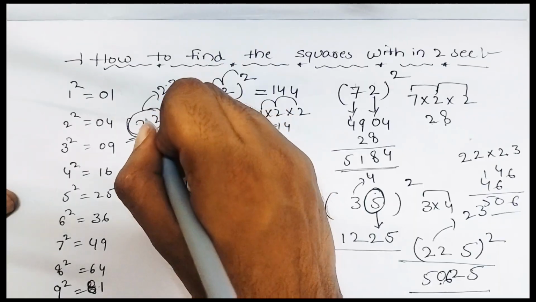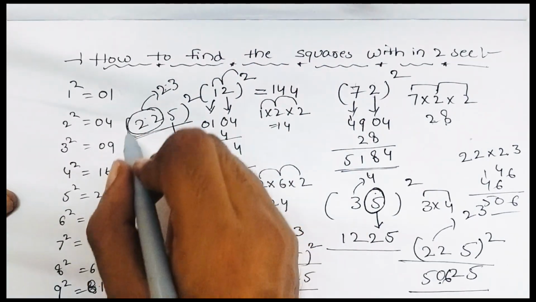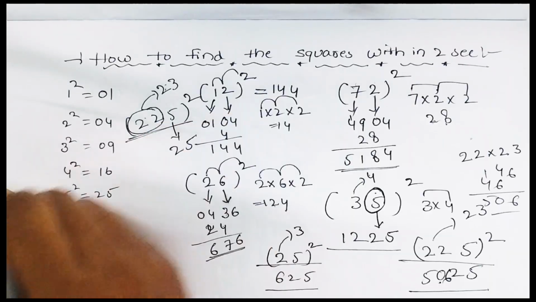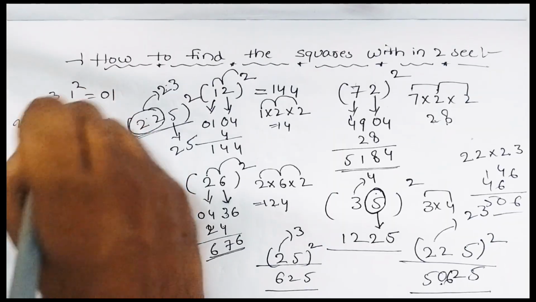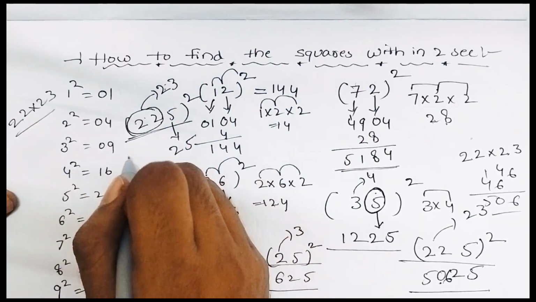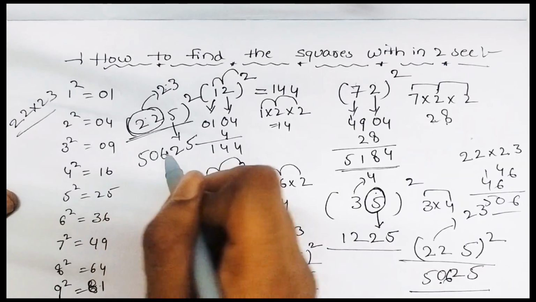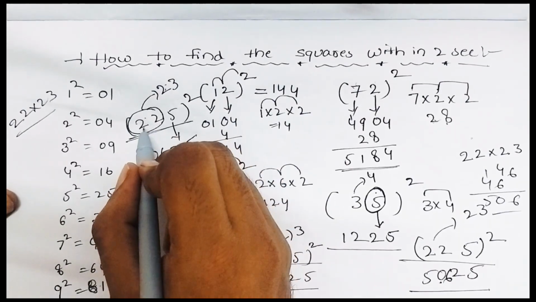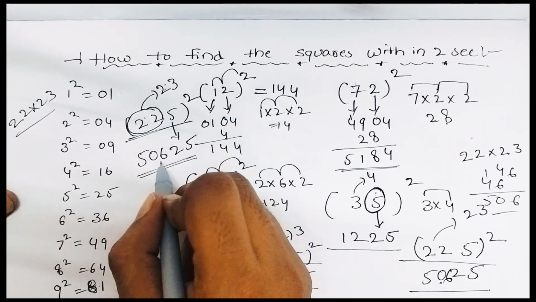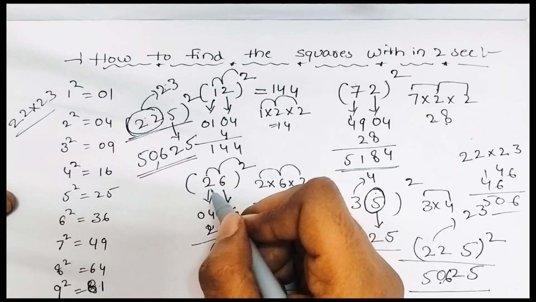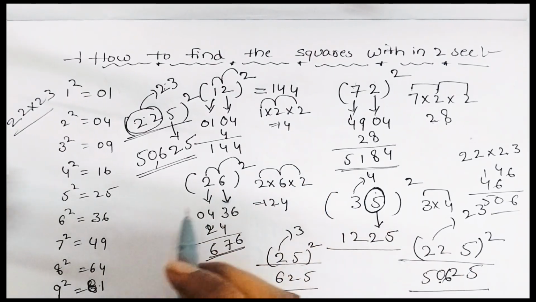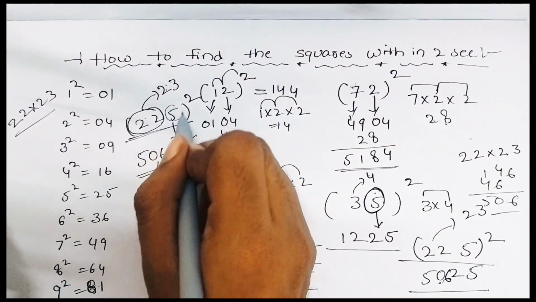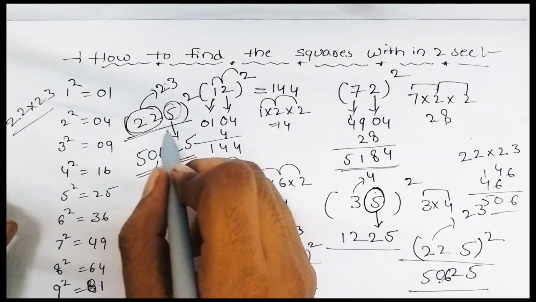We take the product of these two numbers, that is 22 into 23, which is 506. So 225 square is 50,625. If you have 5 in the ones place, then we follow this trick.